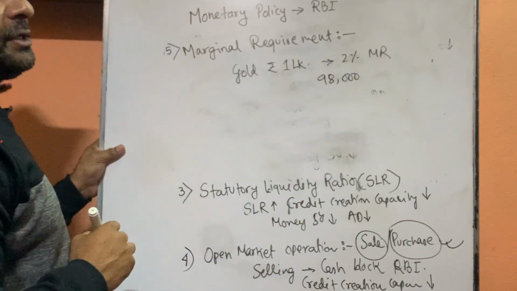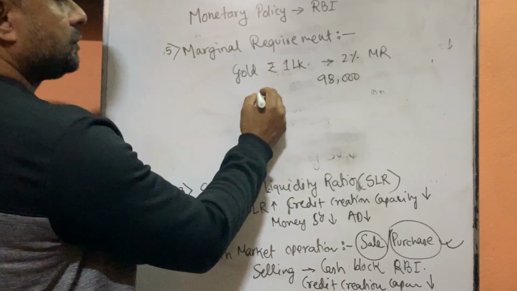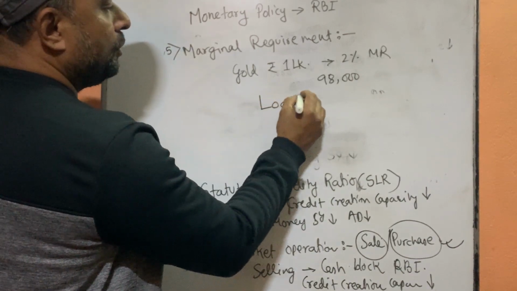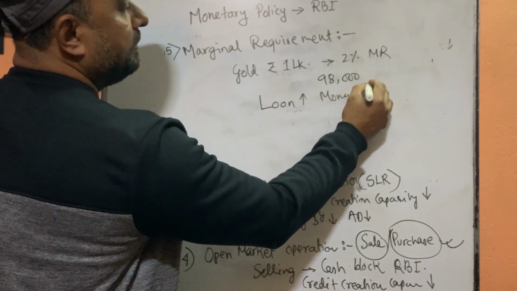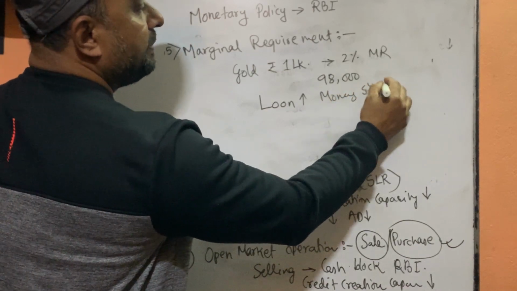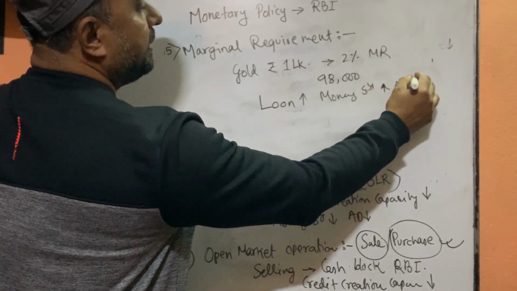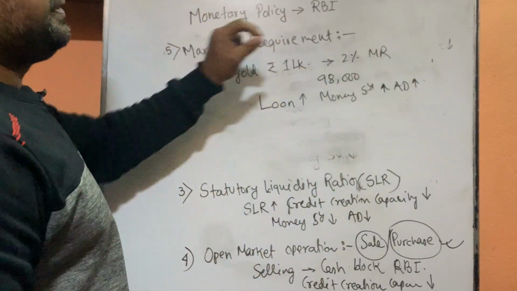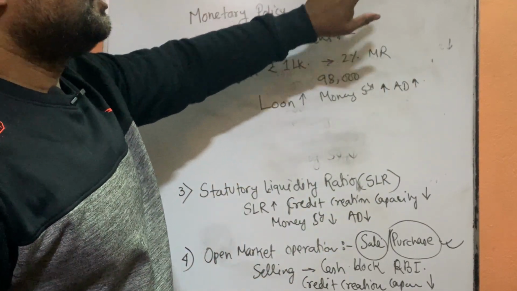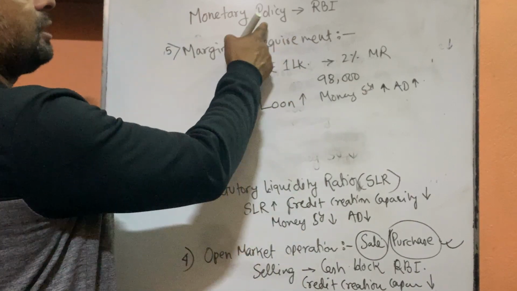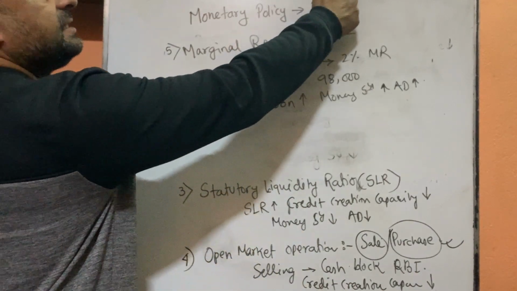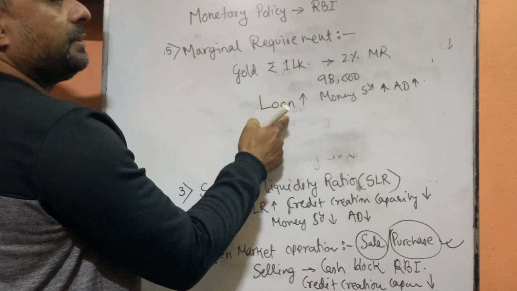My interest in taking loans will increase, so people will take more loans from the bank, which means more money supply and more aggregate demand in the market. So our deficient demand problem will be solved. When there is excess demand, marginal requirement will be increased. When there is deficient demand, marginal requirement will be reduced.